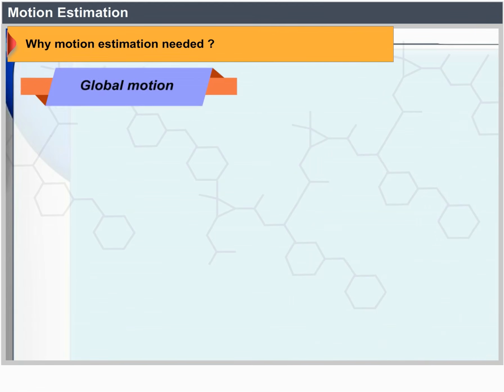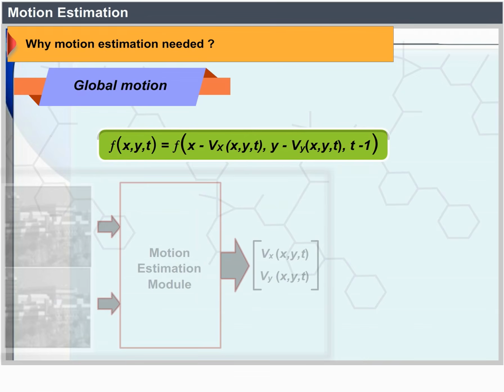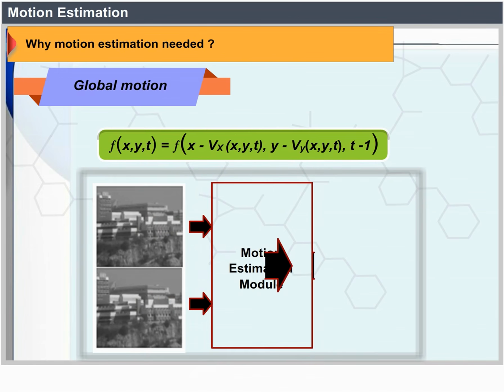The global motion equation is f(x,y,t) = f(x - vx(x,y,t), y - vy(x,y,t), t-1). The motion estimation problem is represented on screen.